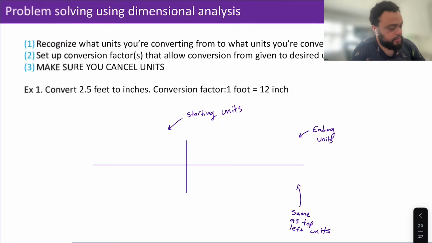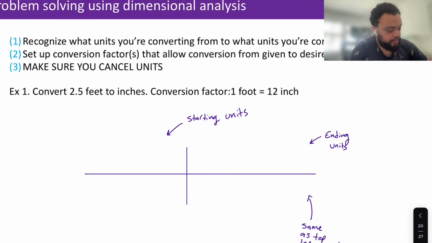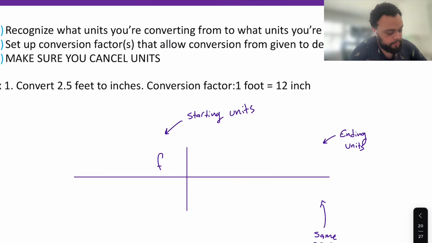So once we have this set up, we can start doing the train track method. We'll recognize what units we're converting from and to. If I wanted to take 2.5 feet and convert that to inches, that would mean my starting units are feet, so I'll put FT right there. My ending units are going to be inches, so IN right there.